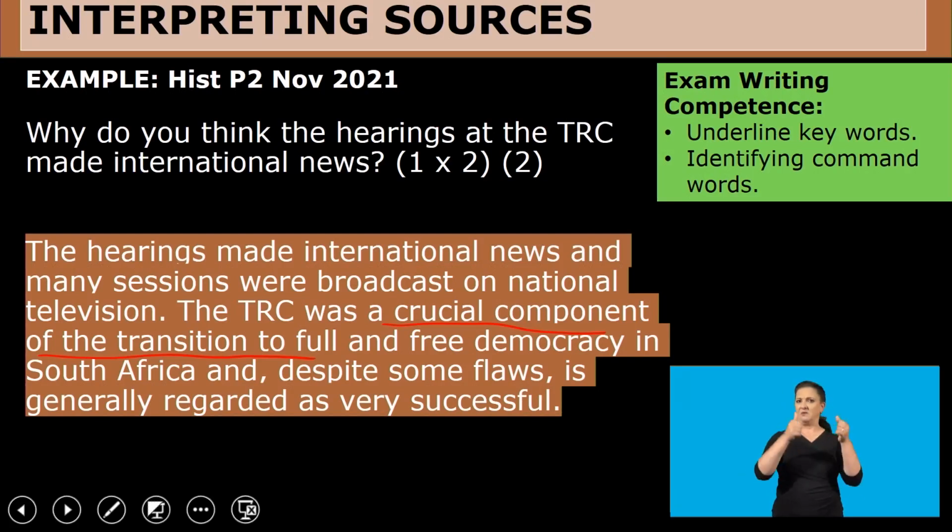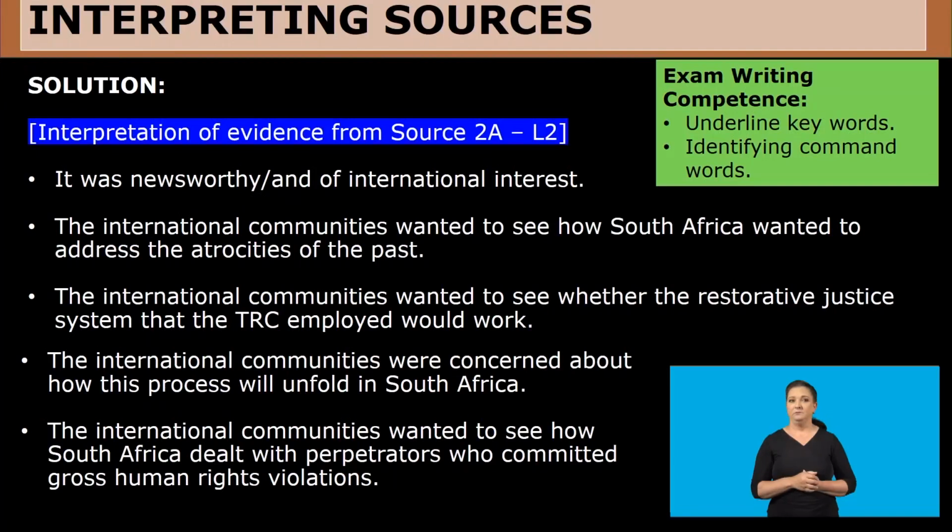But then you need to say why you think the hearings gained international attention. Possible responses: it was newsworthy, or it was of international interest. The international communities wanted to see how South Africa wanted to address the atrocities of the past. So there is the international communities there.